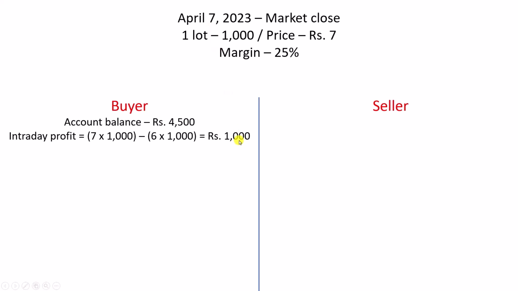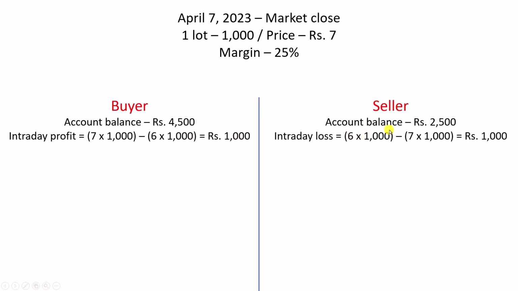Previous day it was 1000. Today it is 1000. Okay, so we are calculating intraday. I am keeping everything simple. Alright. Account balance of seller was 2500 rupees. This is from previous day. Intraday loss is once again 1000 rupees. So what he gains is what he loses.